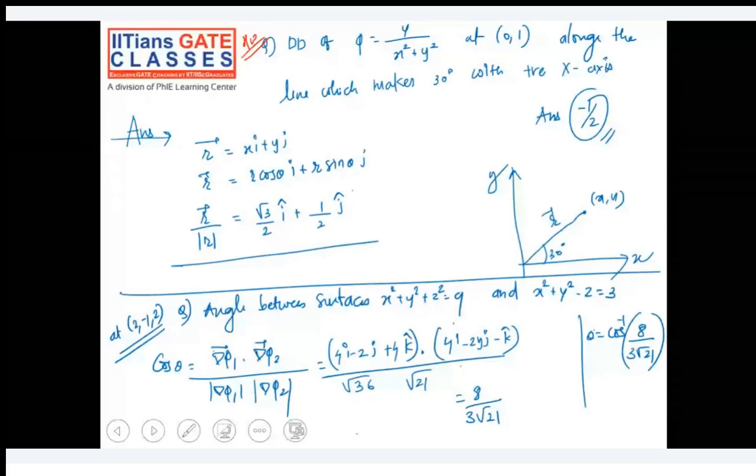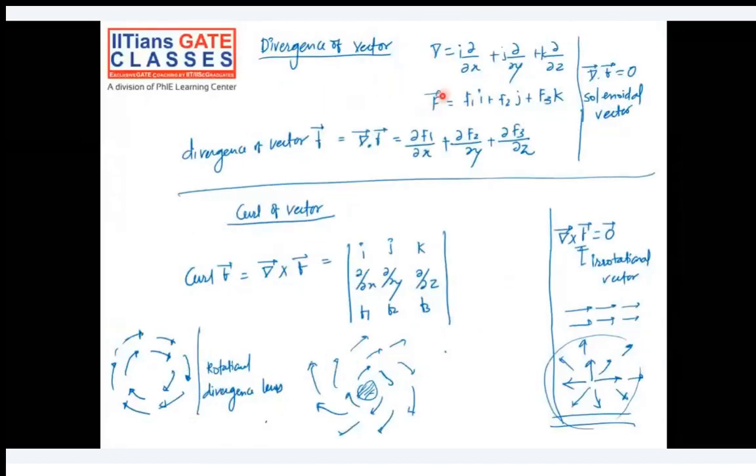So both are vectors. Divergence of a vector is del dot f bar. If you take a dot product, you will ultimately get a scalar quantity out of it. So dou by dou x of f1 plus dou by dou y of f2 plus dou by dou z of f3. So this is what you are going to get.